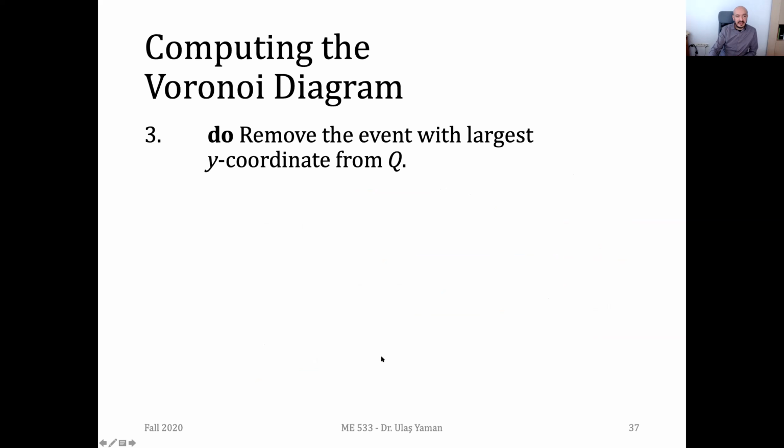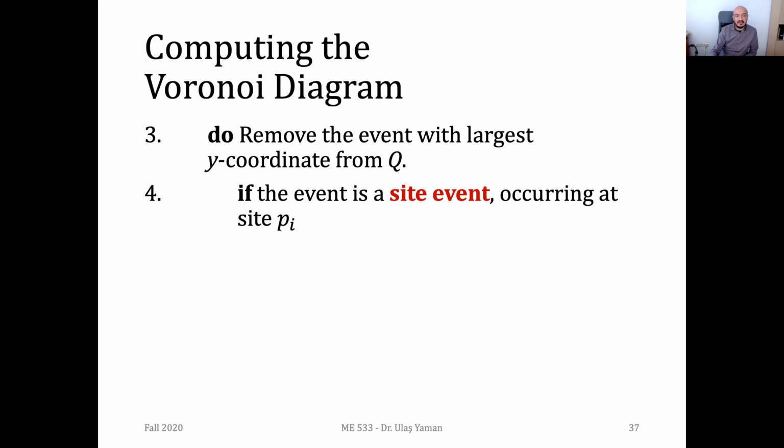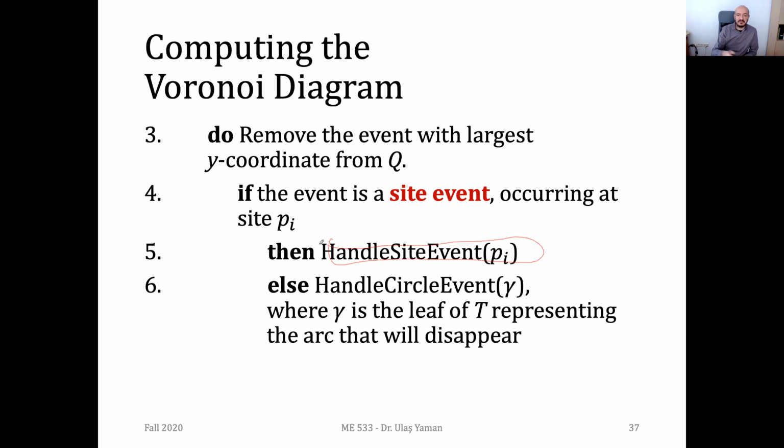What we do next in this while loop, we simply remove the most important event from our queue, and then handle it. If it's a site event occurring at a site p_i, we call a specific function, handle site event. This function will handle the event and then go back to here once again.